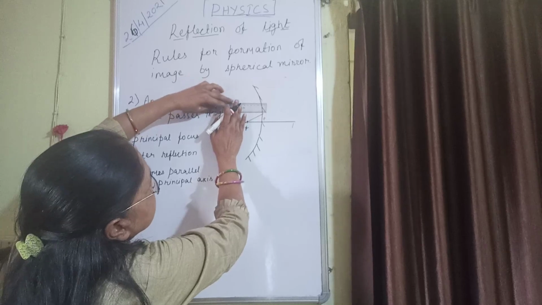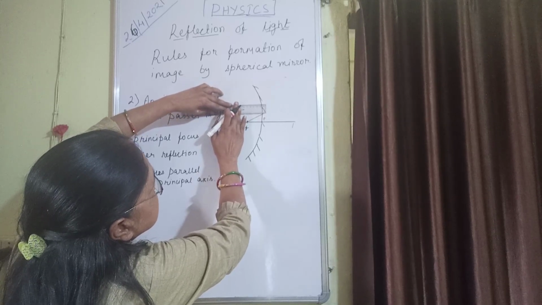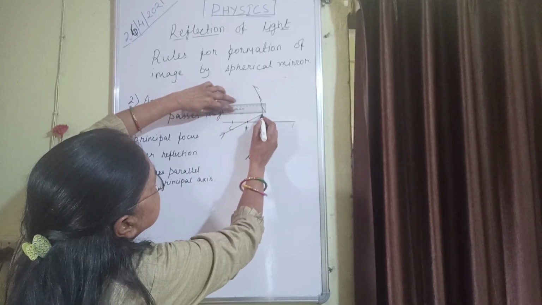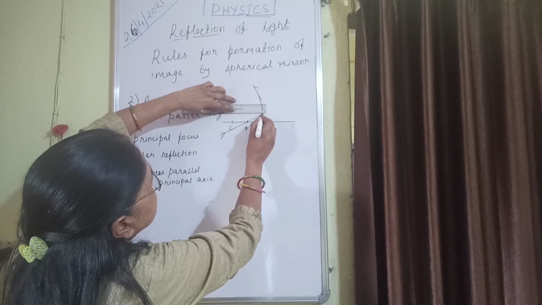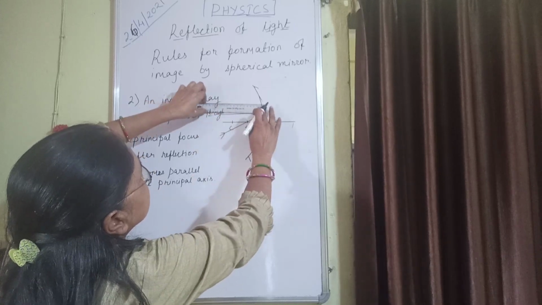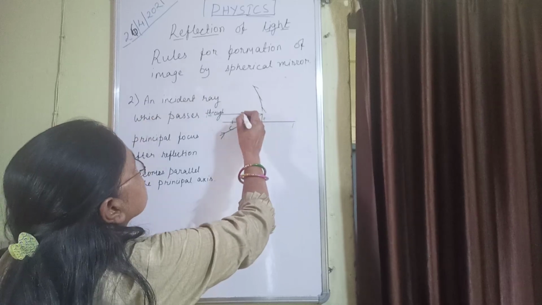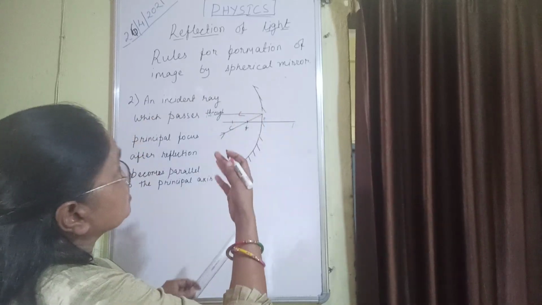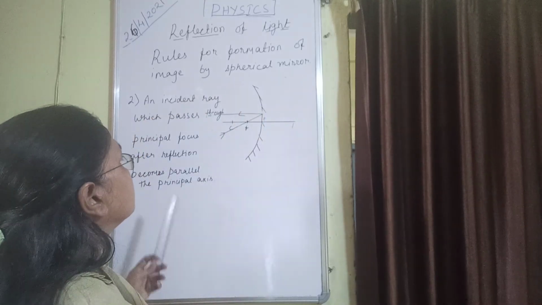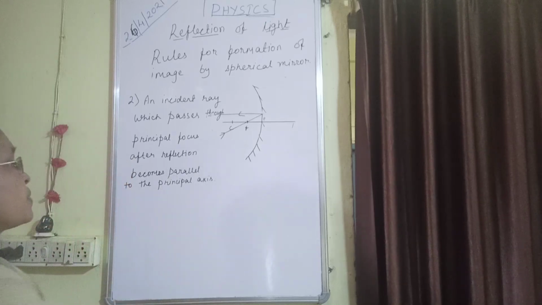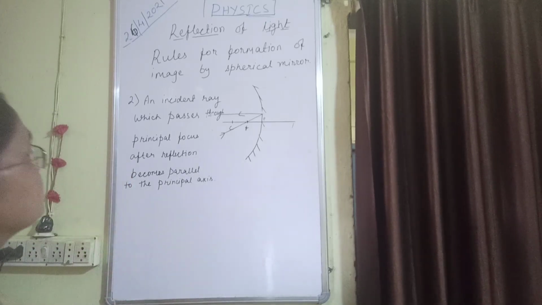So this is after reflection, becomes parallel to the principal axis. So this is the second rule, just the opposite of the first one. And come to the third rule.